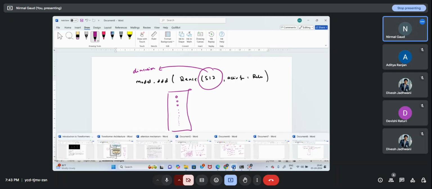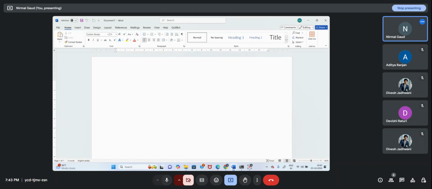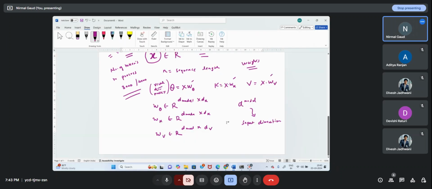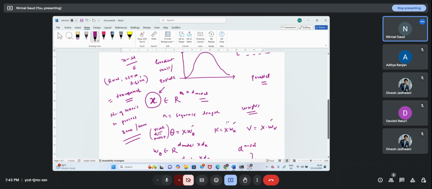Okay, here this is your input sequence multiplied by the dimension of a model. For example, I do have a sequence length n equal to 2.